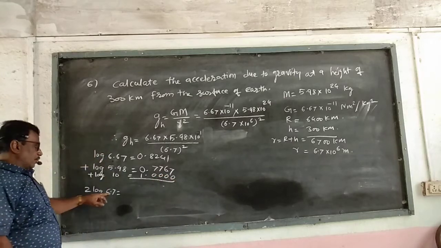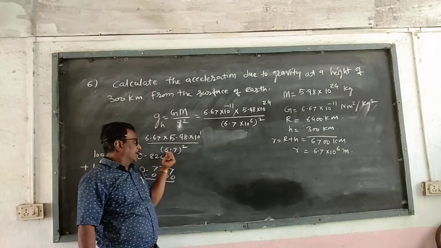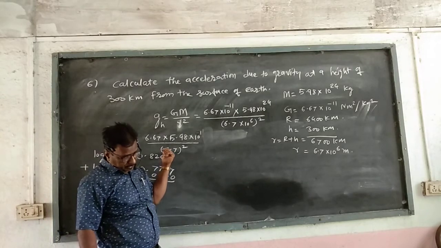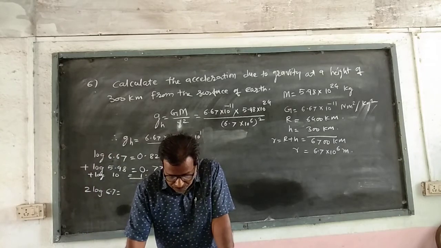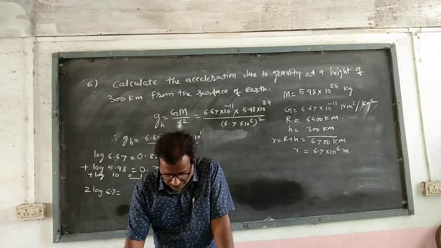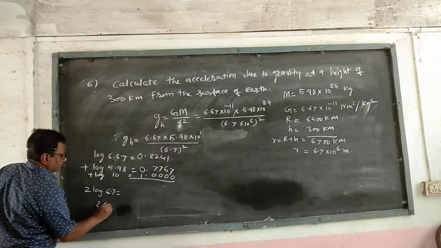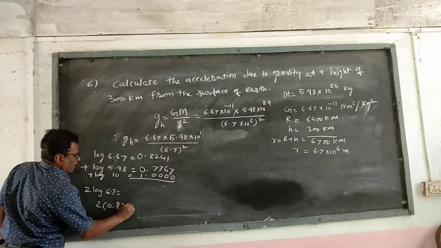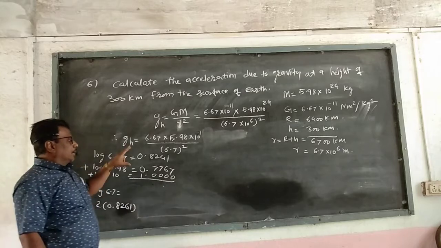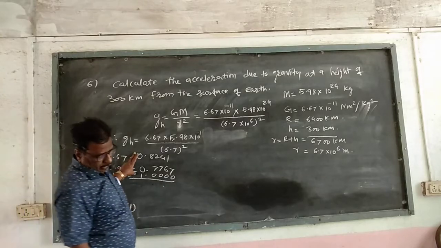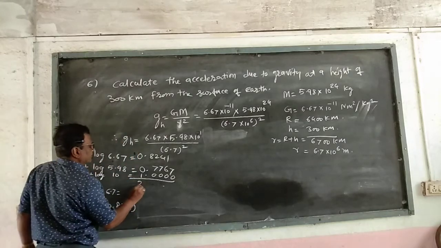Now for 2 log 6.7, because there is a square, we have to take twice log of 6.7, and log of 6.7 is equal to 0.8261. So we have to multiply this by 2. Take addition of these three, equal to 2.6008.